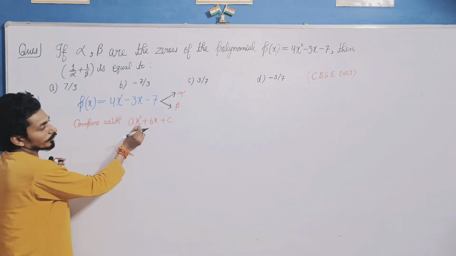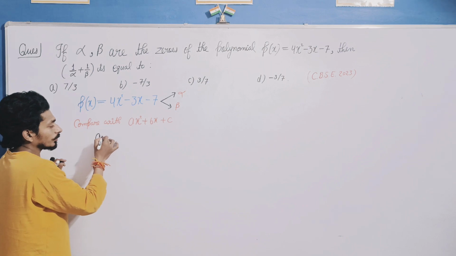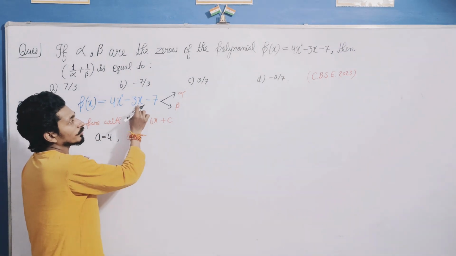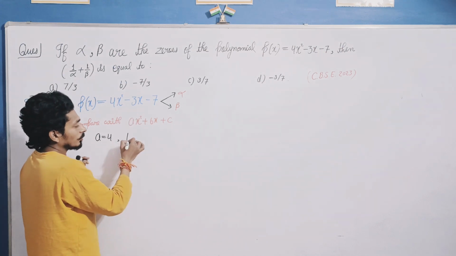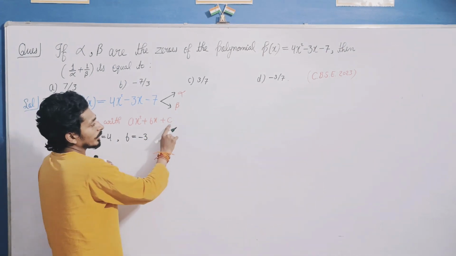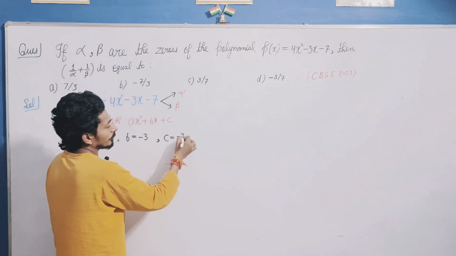On comparing the coefficient of x², we get a equals 4. Now we compare the coefficient of x, so we get b equals minus 3. And now we compare the constant term, then we get c equals minus 7.